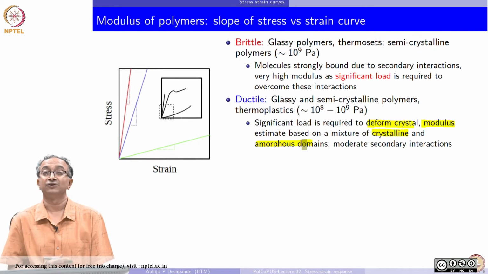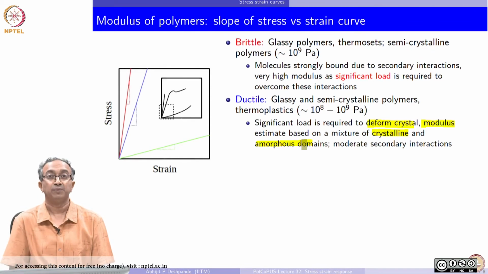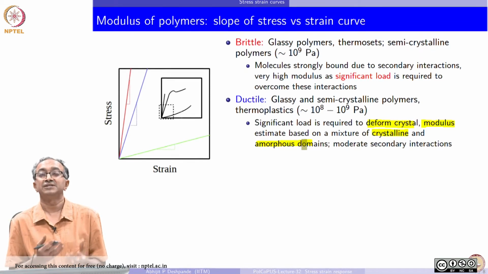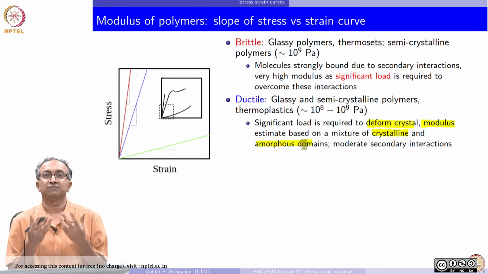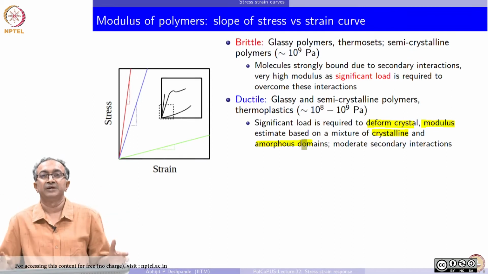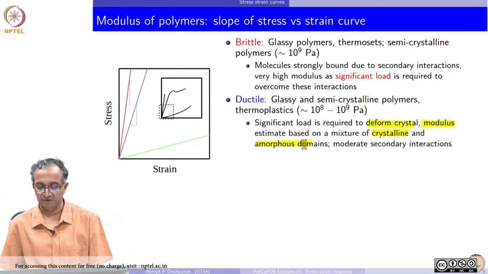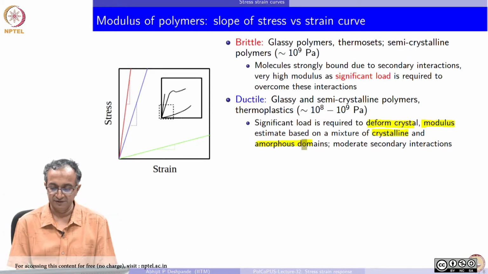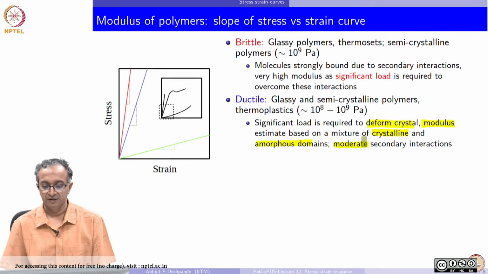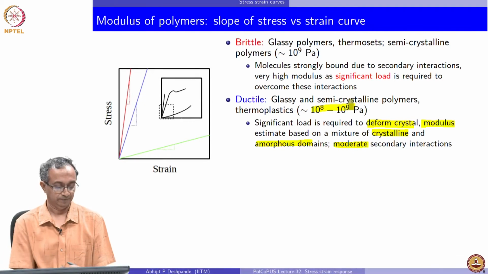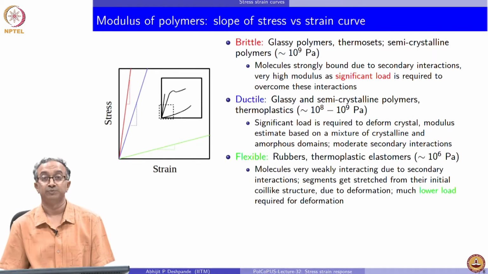And this is called a mixing rule, and later on when we look at blends or composites, we will look at mixing rules which can be used where you look at behavior of two components and then based on that you look at the overall behavior of the material. And given that the modulus is slightly lower, the interactions are much less compared to brittle material.